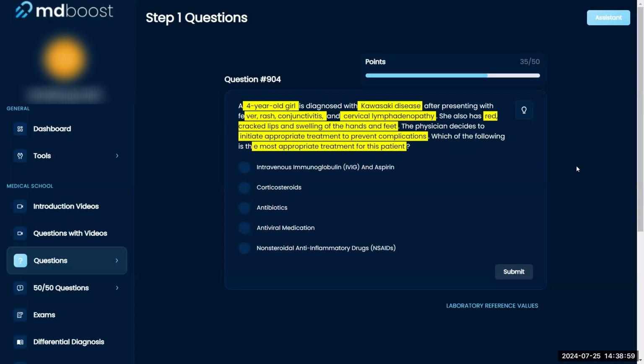Kawasaki disease. I know it's children. Is this the one time that you're allowed to give aspirin to them, or is it caused by aspirin?